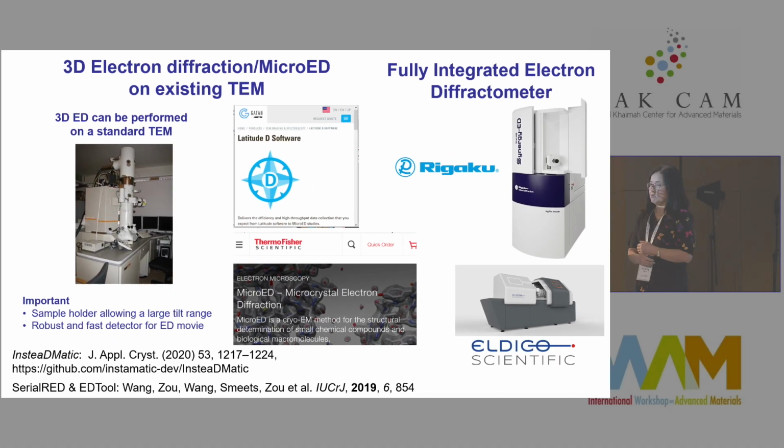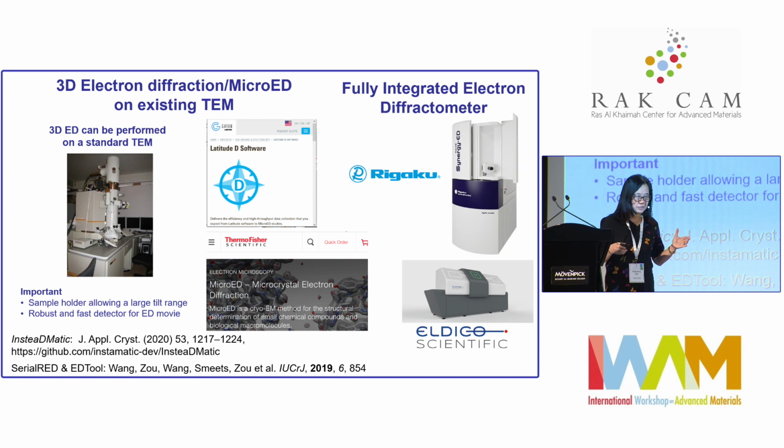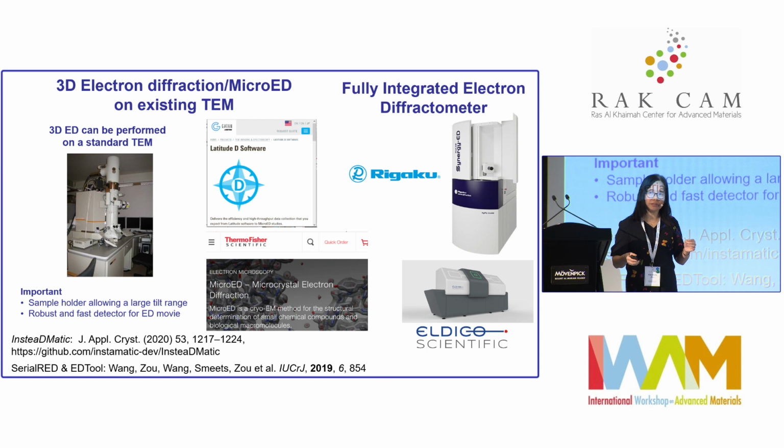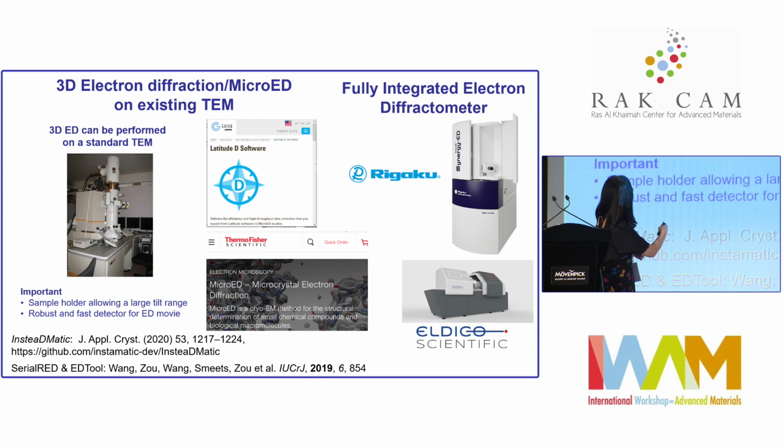So this is like a summary, showing that electron diffraction can be used and will be very useful for developing new materials. There are many different solutions for you to use. You can use just a standard microscope, you just need a holder that can rotate continuously to collect the data, and then a camera that can take many diffraction patterns.